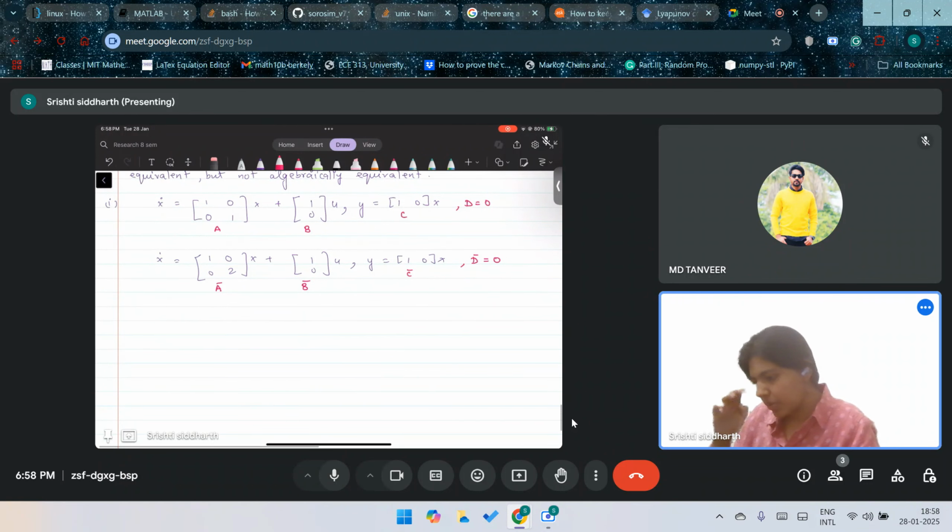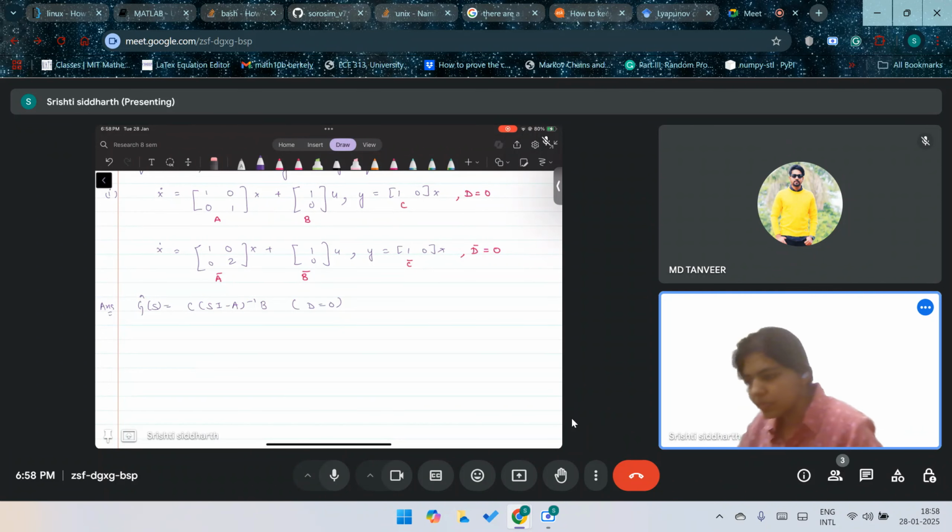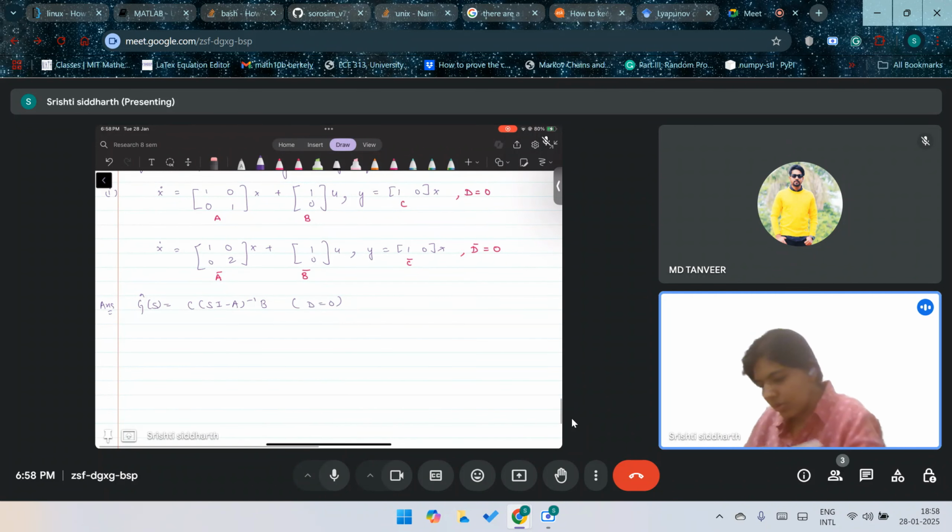Okay, so we have to find the eigenvalues and the transfer function for these two systems. So let's start. G hat of s is C times (sI minus A) inverse times B. Just note that D is 0. So sI minus A is s minus 1, 0, 0, and s minus 1.